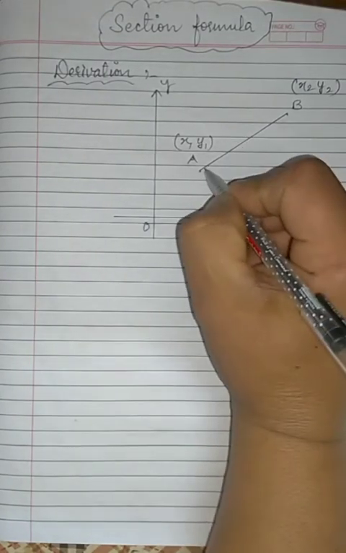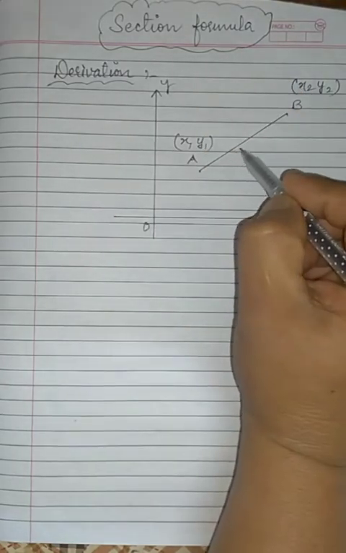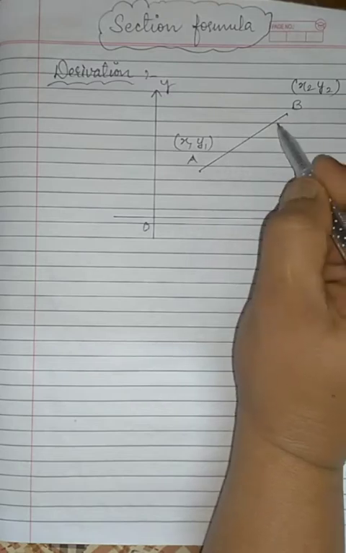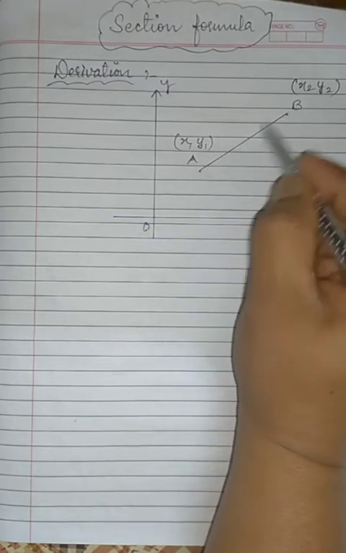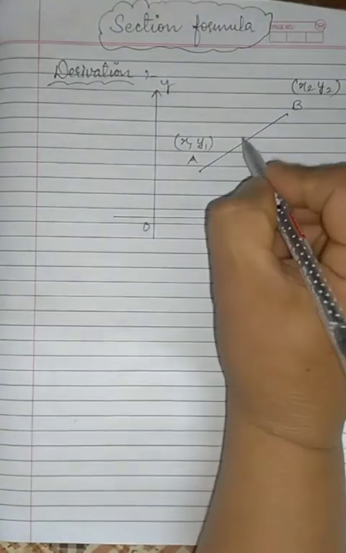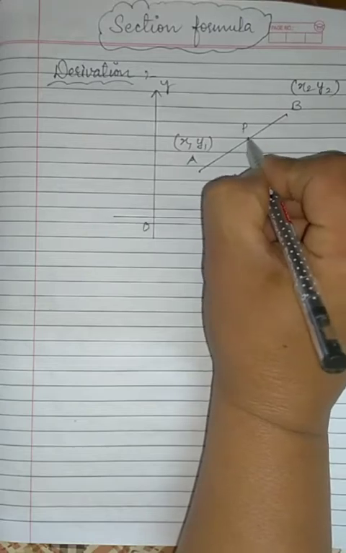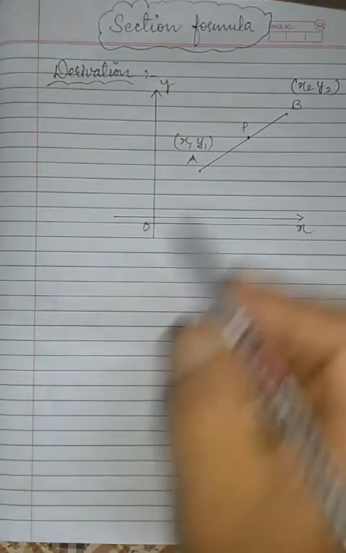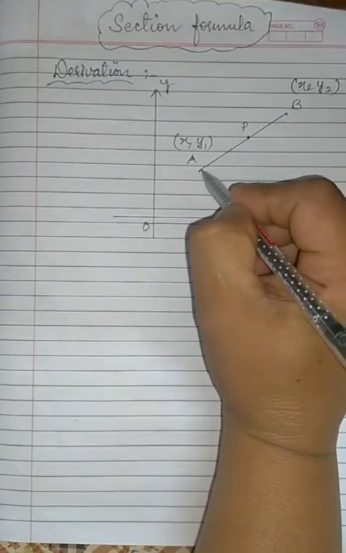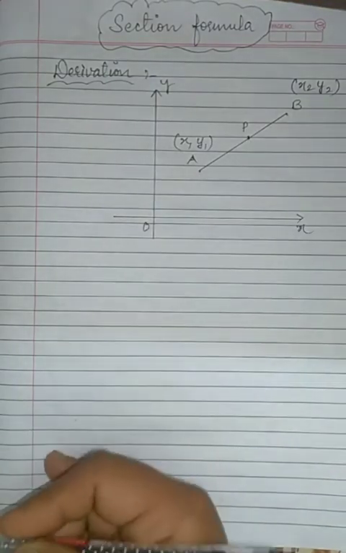Now, since we are talking about the section formula, the word section means the part of the line joining 2 points A and B. So let us take a point here, let it be P. So P is the point which is dividing AB into 2 parts, 2 sections.